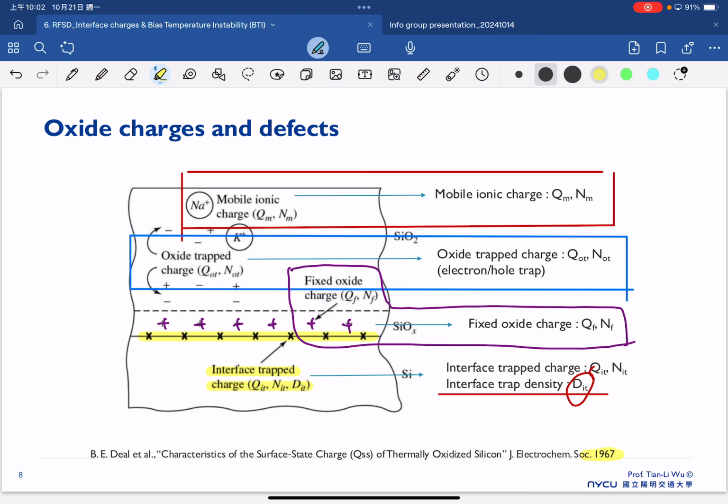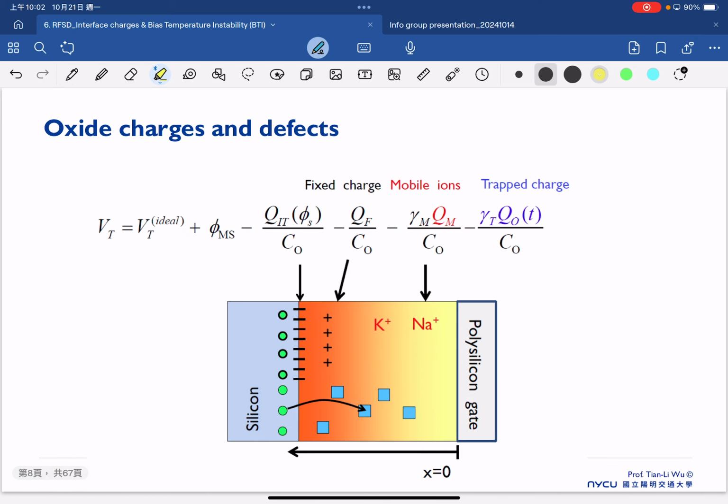Because of all these charges, in the end they will for sure influence our threshold voltage, as shown here. This is a general equation. In this topic-based lecture, we will mainly talk about the physics, understanding, and phenomena. We will not derive the equation, because these equations have been derived for more than 30 years.